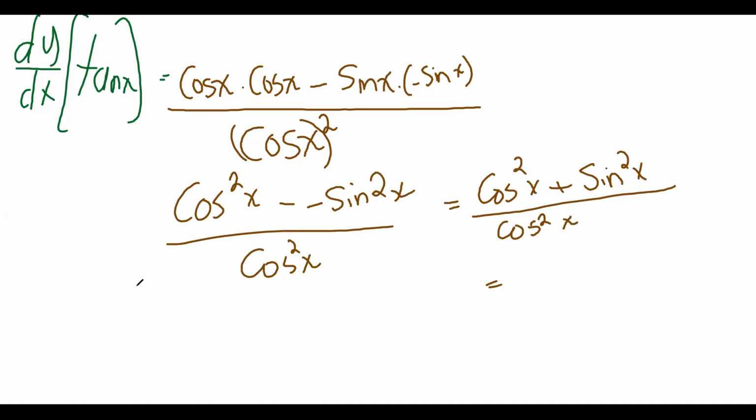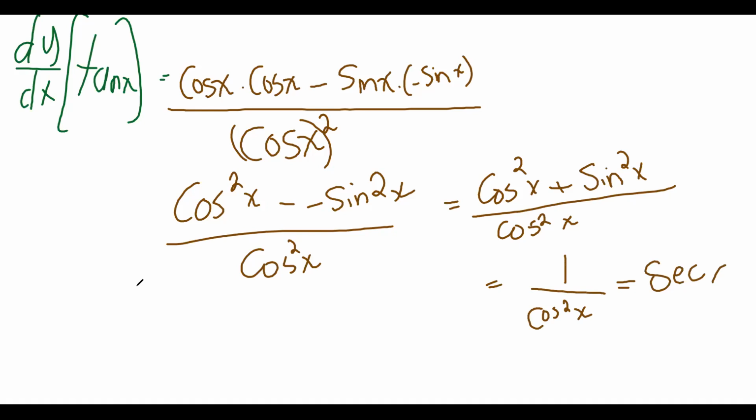Now, cosine squared plus sine squared equals what, as you said in chapter 14? It is 1. So it is 1 over cosine squared. And 1 over cosine equals what? From chapter 14, algebra 2, 1 over cosine is secant.